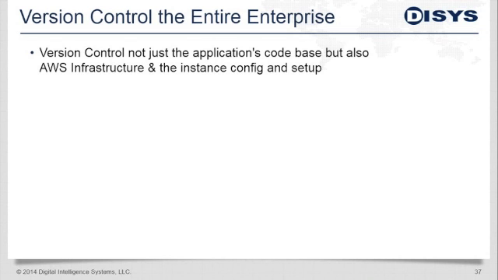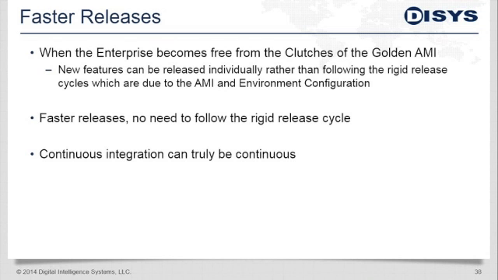All those things become just configuration changes or a single line of code change. And faster releases. As and when there is a new feature which is tested and ready to be released today, we do not need to queue in for the release cycle and wait for the release period for it to go to production.